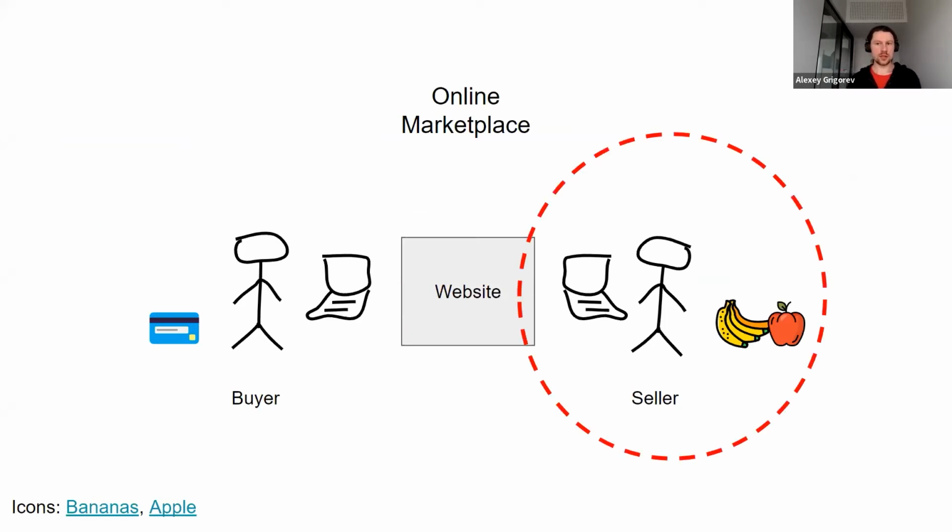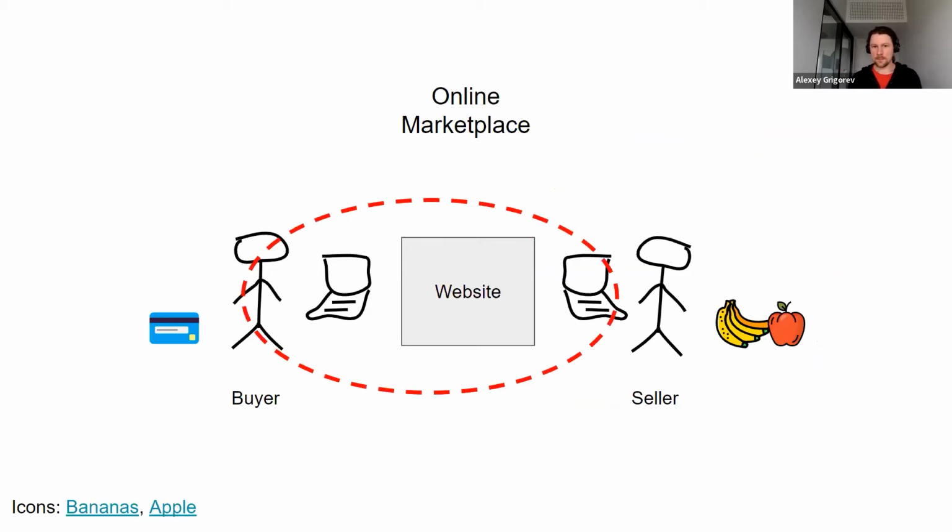Another area is that we can help sellers. How can we make sure that sellers sell as fast as possible? Then there is the interaction between them. Sometimes there are people who do not have the best intentions, people who are fraudsters.